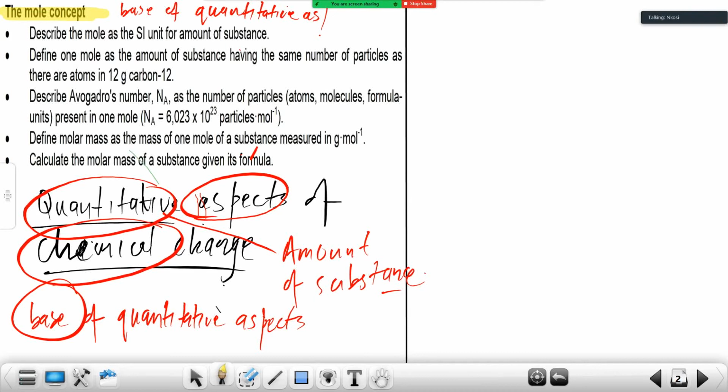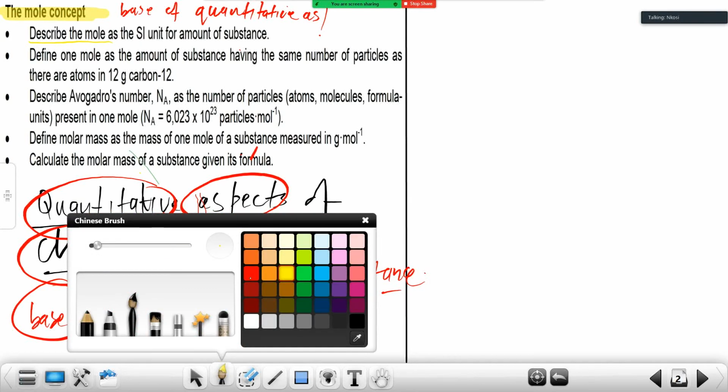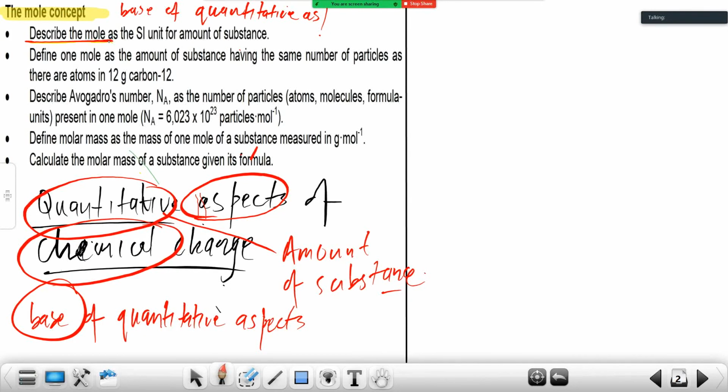So let's start with bullet number 1. It says, describe the mole as the SI unit for the amount of substance. Then thereafter it says we need to define 1 mole.